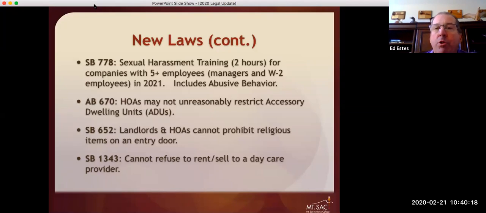So those W-2 employees, they are covered. Independent contractors, no matter how they get paid, at this point, they are not covered by sexual harassment training. I think there's still a philosophy out there that because independent contractors have a certain amount of freedom, they're not as vulnerable as, say, a W-2 employee.